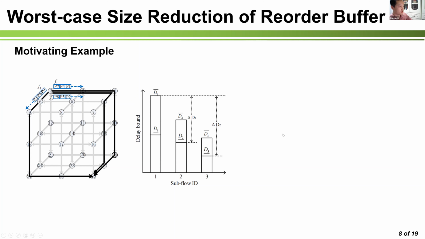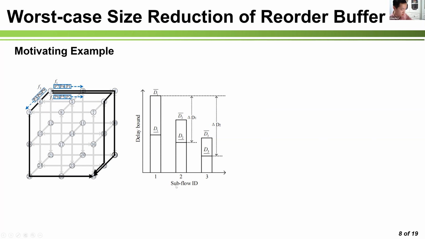We want to develop a method to calculate the worst case reorder buffer size. So we look at the scenario where only 3 subflows exist. Corresponding to the figure on the left side, we have the subflow ID analysis here.